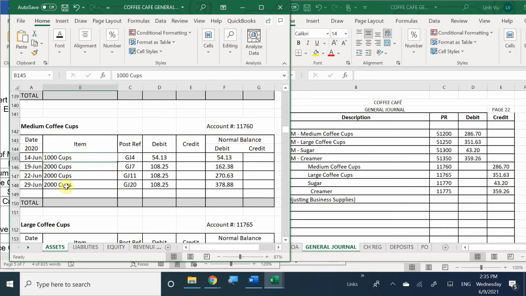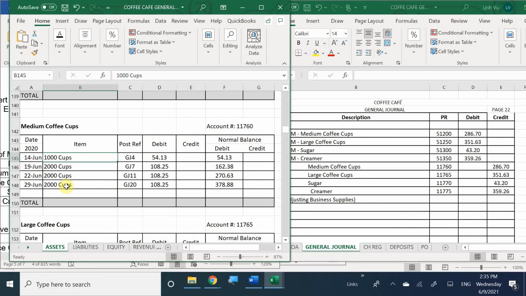So in my account for medium coffee cups, it says that I have 7,000 cups right now. Now, is that true? No, you only have 5,497, because I sold some cups along the way.